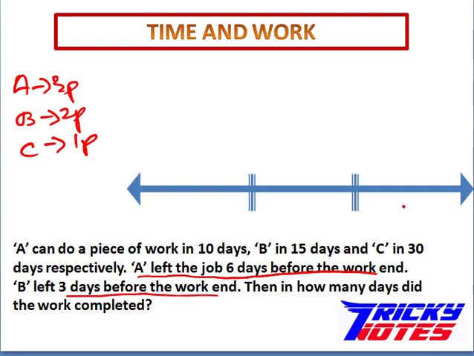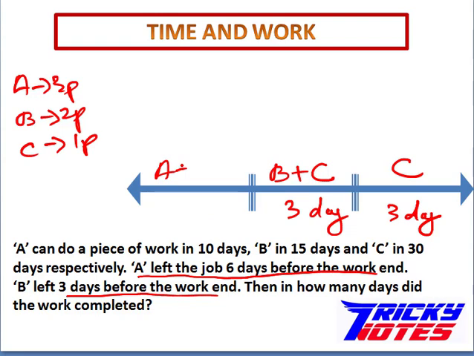That means in the last 3 days only C has worked, and in the 3 days before that, A left, so B and C worked. And this is the time, I don't know how much it is, when A, B, C all three worked. Then in how many days is the work complete? If I find this, then I'll get the answer, because this is 3 days, this is 3 days, plus this I'll get the answer.